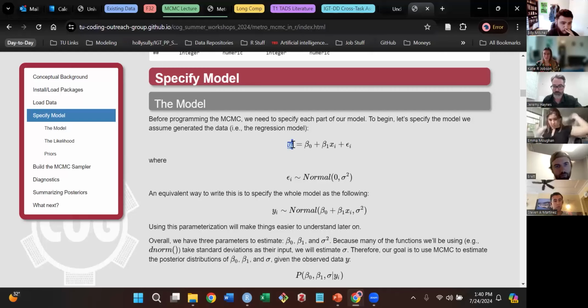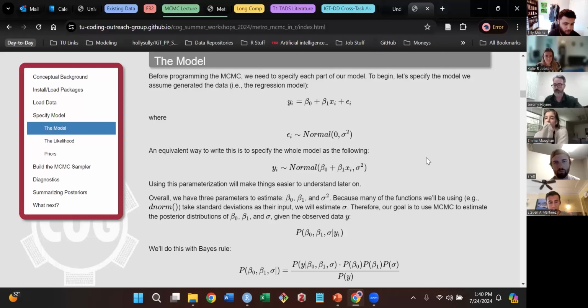Okay, so we have our observation is equal to an intercept term, so beta naught, plus our slope coefficient times the predictor, so x_i, and then some random error, where that error is normally distributed around a mean of 0 and some variance. This is another little bit of a weird way to think about the model we're using, but it will help us later on. So we could alternatively say that our observations are normally distributed around the predicted values of this regression model with some error associated with it.